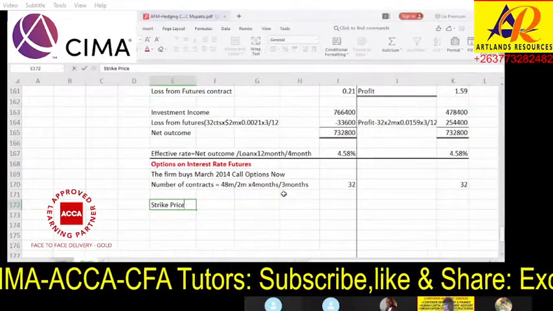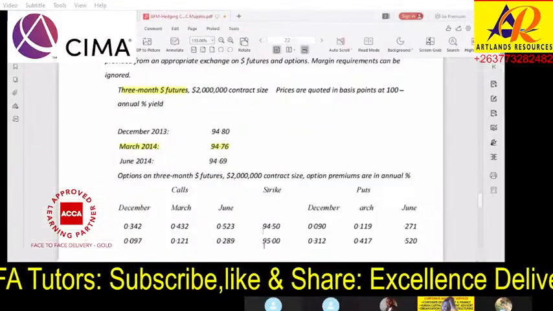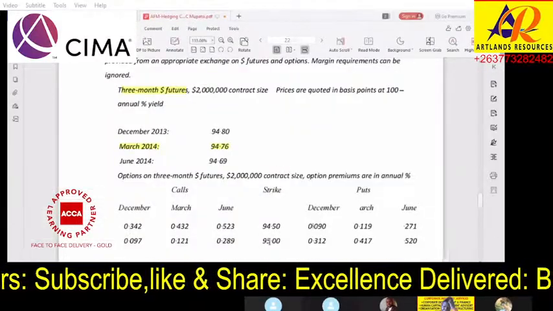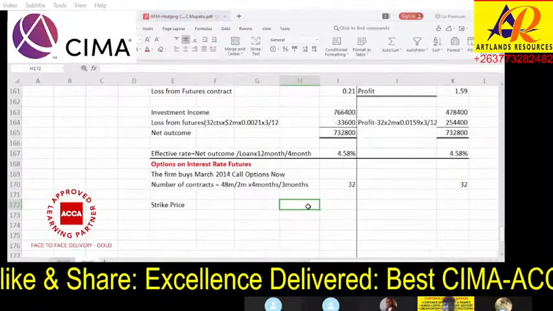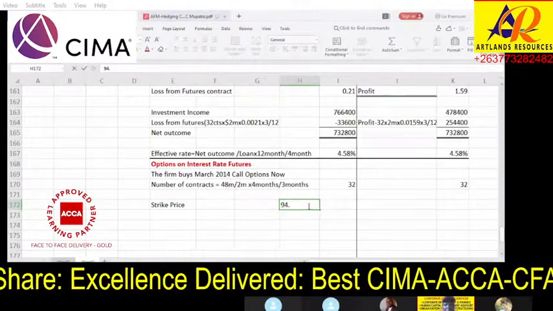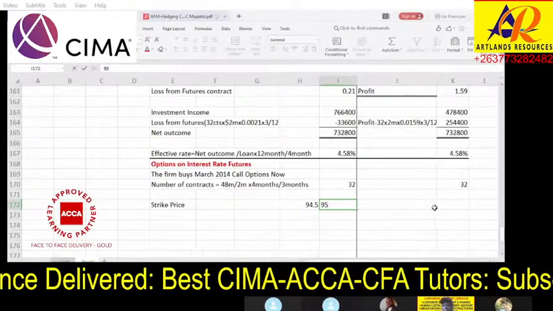Notice the strike prices for these options are 94.5 and 95. You put them side by side.